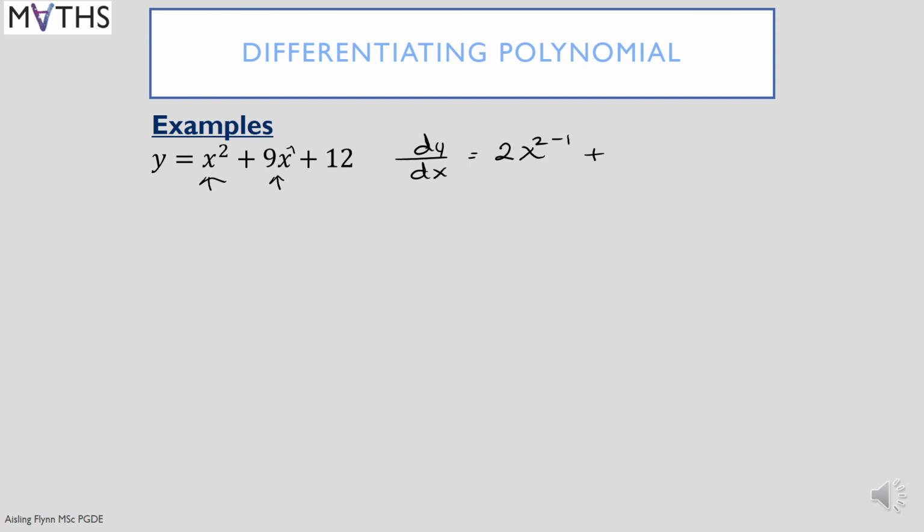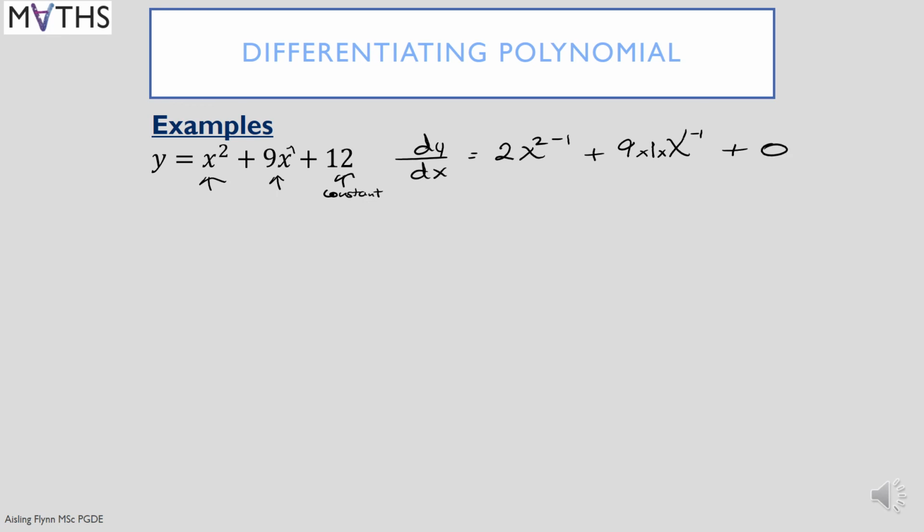So it will be 9 times 1 times x, and reduce the power by 1, 1 minus 1, plus, now the next one, there's no x term there, this is a constant, so we treat this as you would the perfectly horizontal line. So to differentiate a constant, you just get 0.